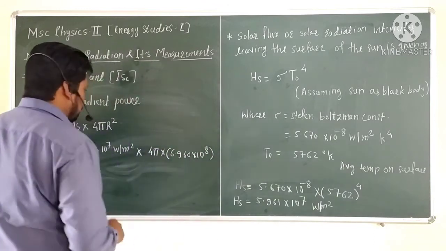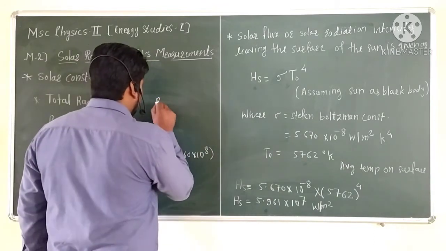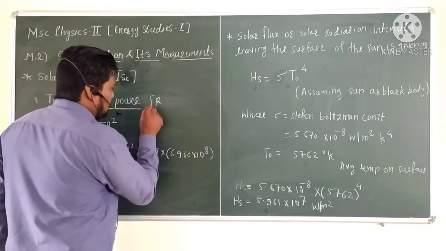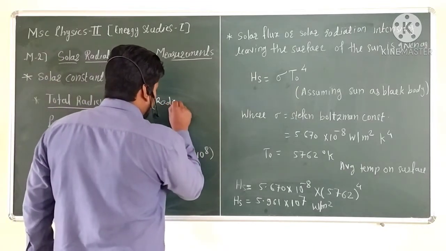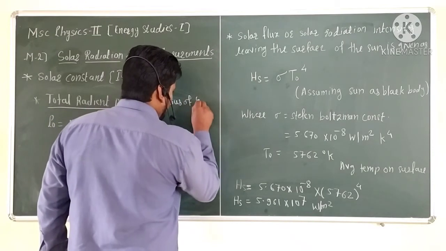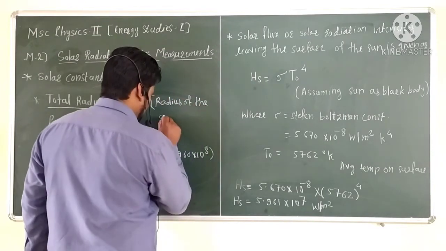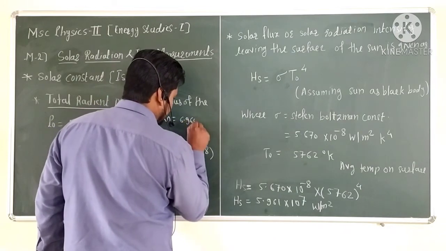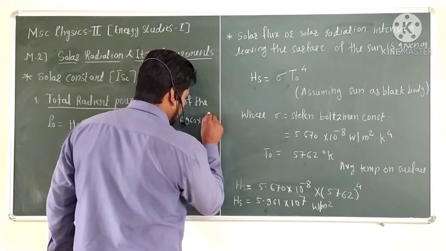Okay, because the radius of the sun is given here as 6.960 into 10 to the power 8 meter.